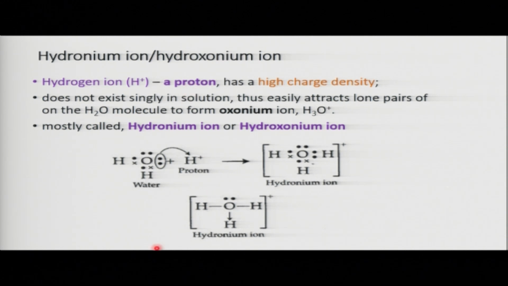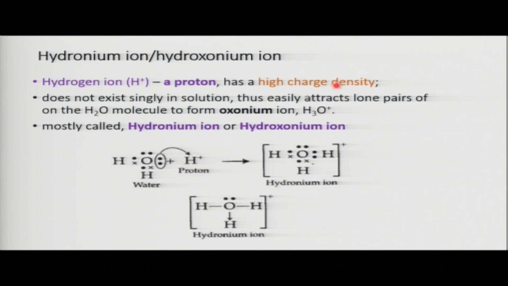Being a proton, it exerts a high charge density, +1 over the size of the hydrogen ion, which is around 0.00 something. So you end up having a unit 1.